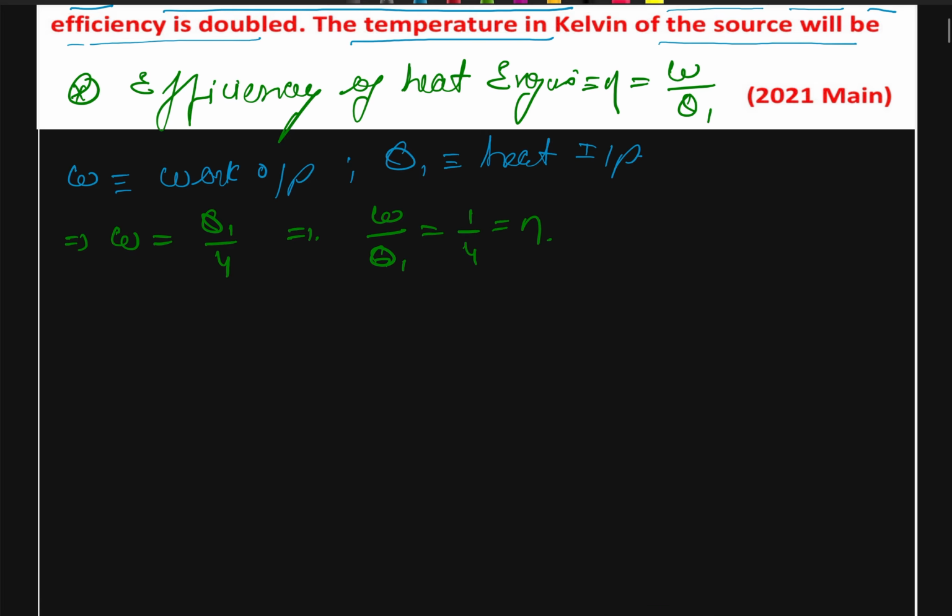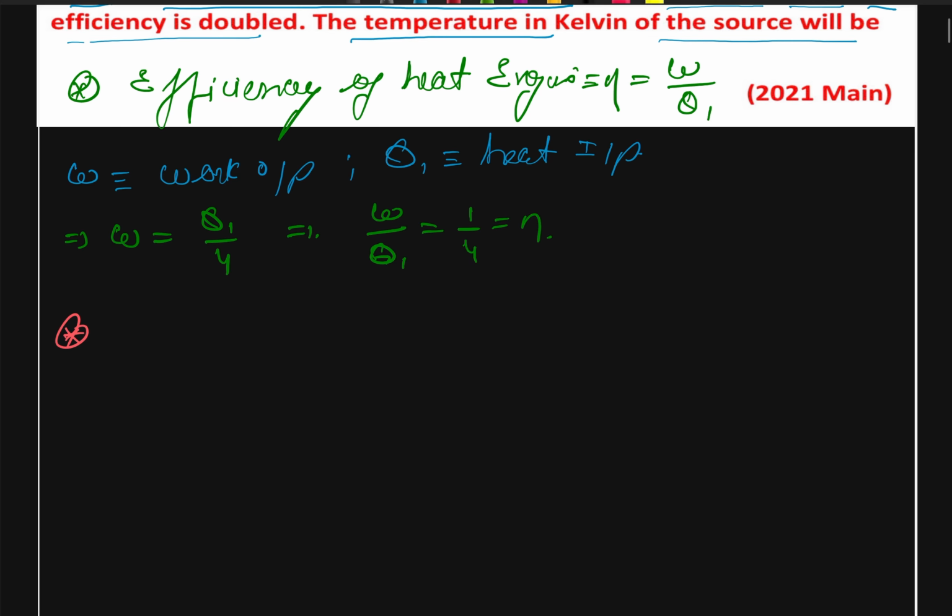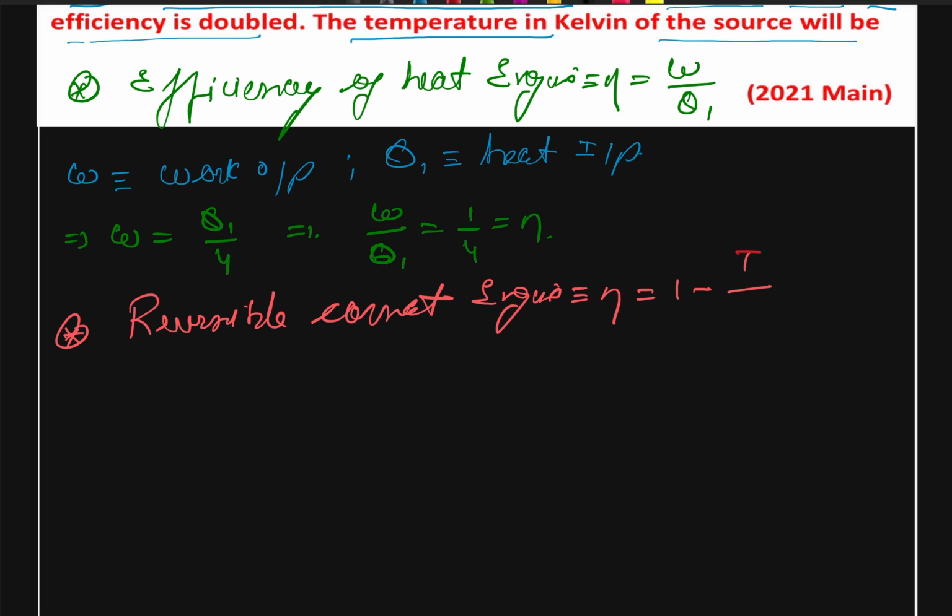Now we can use the other formula of efficiency, which is with respect to the temperature. In this case, we are given the reversible Carnot engine, so its efficiency will be equal to 1 minus T2 upon T1.